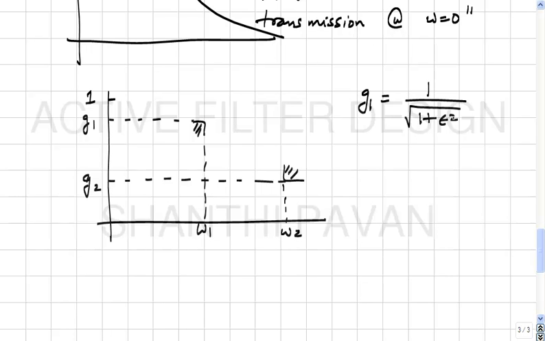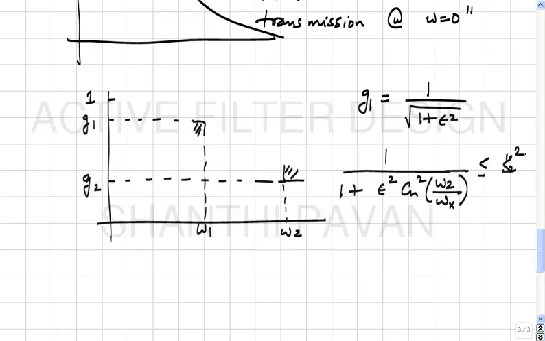Okay. Once you do that, to find the order, use the standard 1 plus epsilon square Cn square of omega 2 by omega x to be smaller than G2 square. Correct?